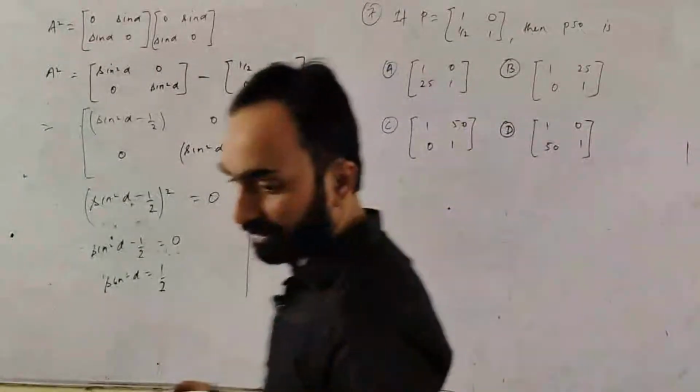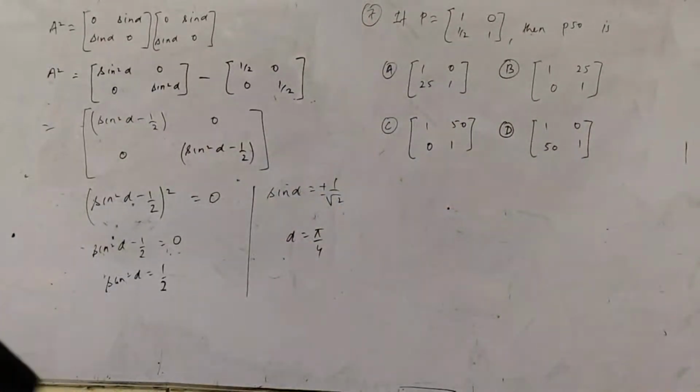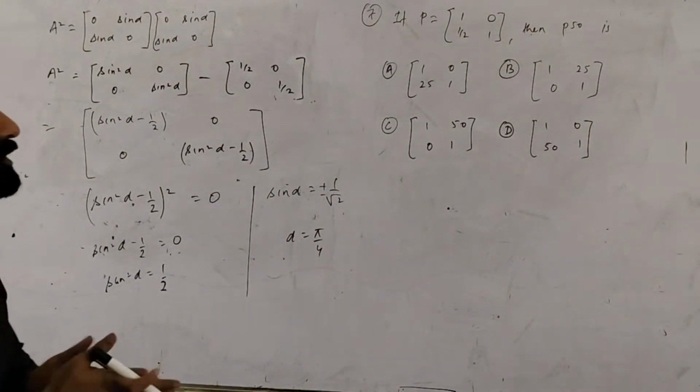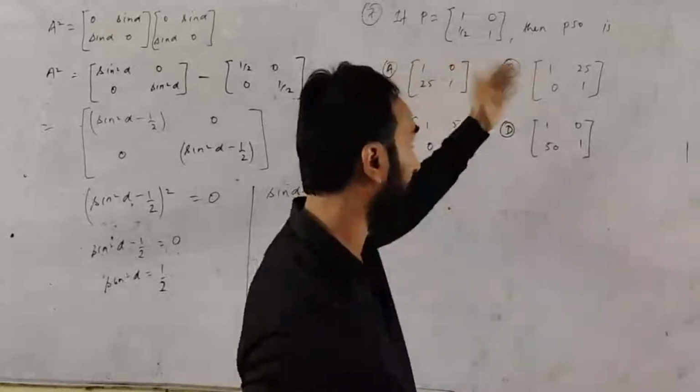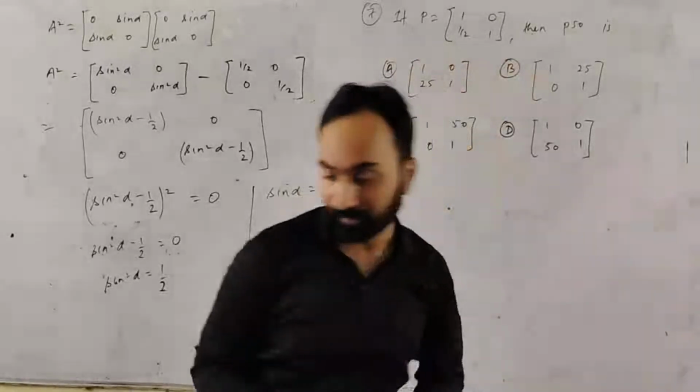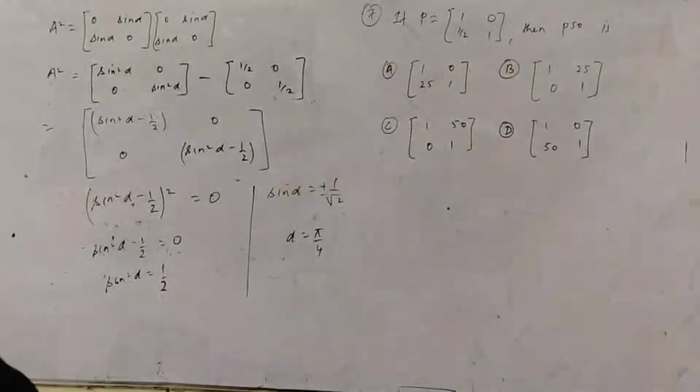Correct? Just see what they are saying. If P is given as [[1, 0], [half, 1]], then we have to find P to the power 50. Actually, P to the power 50 by calculation we cannot do, so we have to see some pattern, in which pattern it is going. So we have to basically find the pattern.